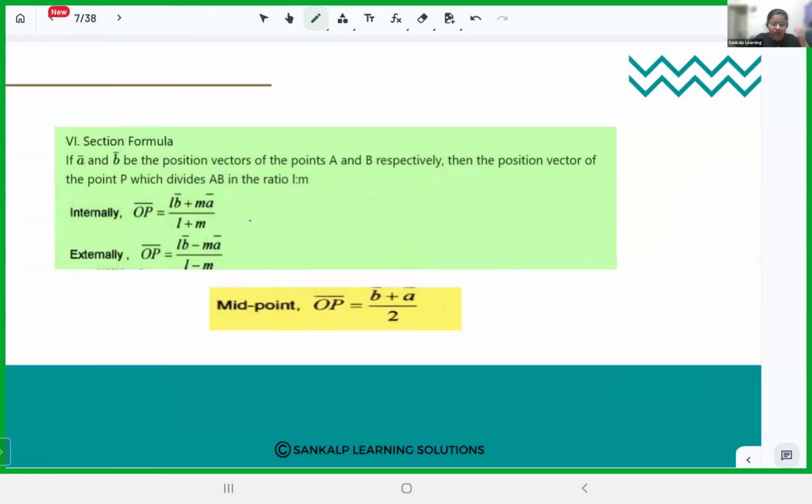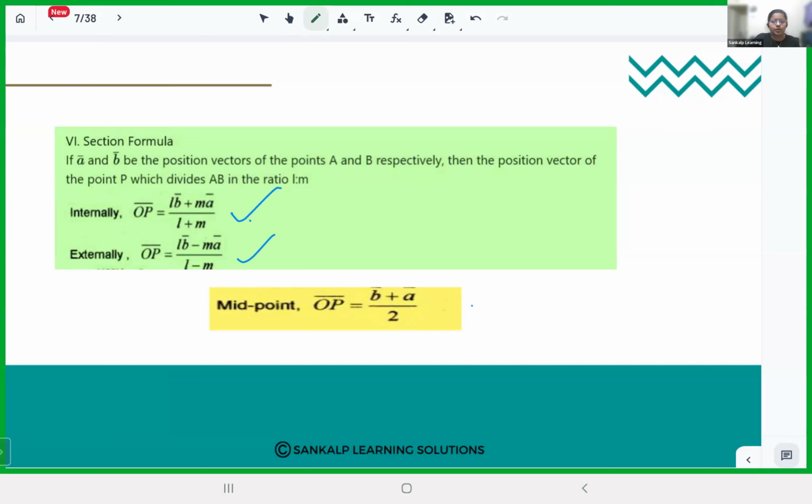That is how you can find the position vector of a point P when P divides a line AB internally as well as externally in the ratio L is to M. Internally, if P divides AB in the ratio L is to M, the position vector OP is equal to L into vector B plus M into vector A, divided by L plus M. If P divides the line externally in the ratio L is to M, then vector OP is equal to L into vector B minus M into vector A, divided by L minus M.